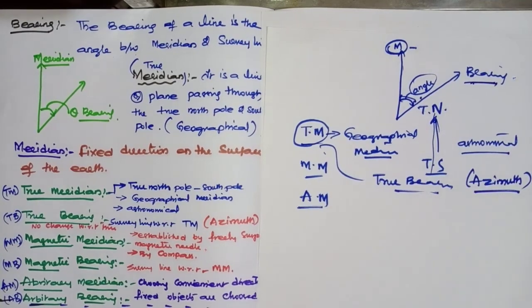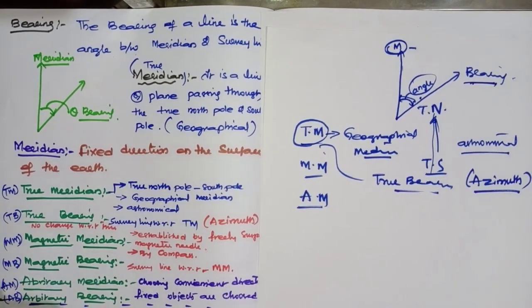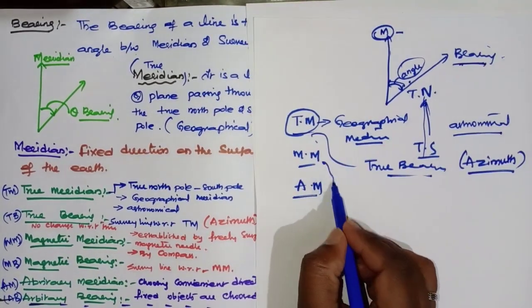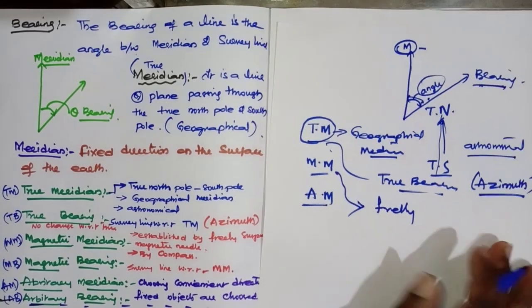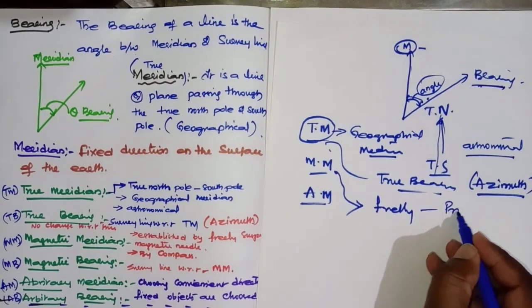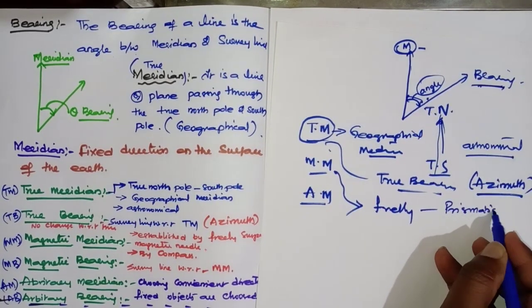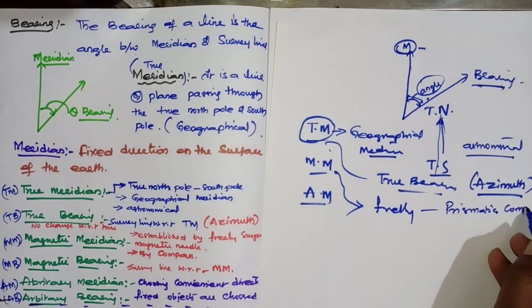Okay. Next, coming to the magnetic meridian, it is established by a freely suspended magnetic needle, just like our prismatic compass we have seen in the earlier class.